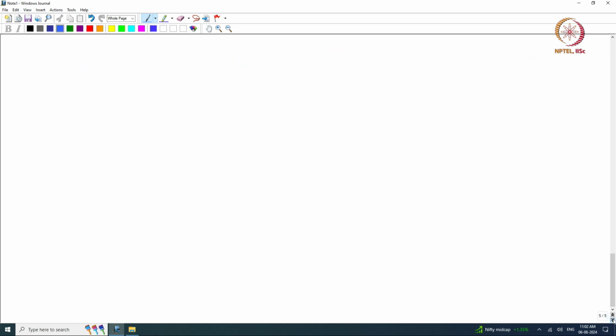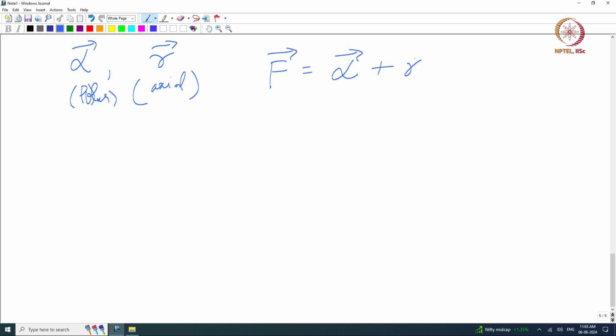Now with that in mind, let me ask a question, okay. Suppose I had alpha as a polar vector, and some gamma as an axial vector, alright. Can I ever have a force that is a combination of these two? Is this possible? Can I ever write it down this way?